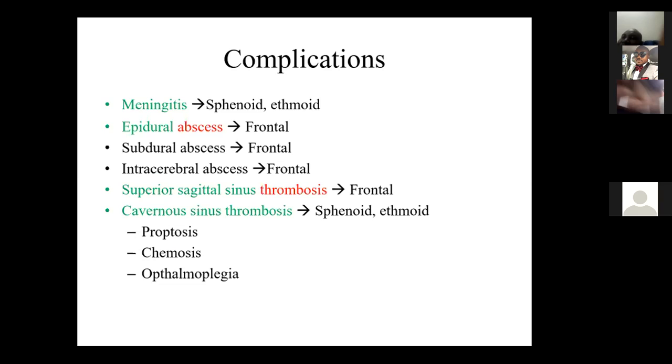In rare cases, there can also be proptosis, especially wherever the optic nerve is affected. There could be chemosis, and ophthalmoplegia can also occur.